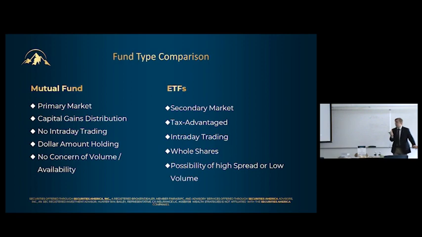If there were really intense expense differences, but even then, I can find ETFs really cheap. I can find mutual funds really cheap, so that's not really a concern. The only two things I would want a mutual fund for is that I can invest whole dollars no matter what, and that there's no volume concern.